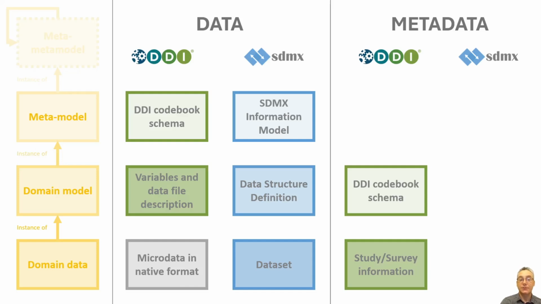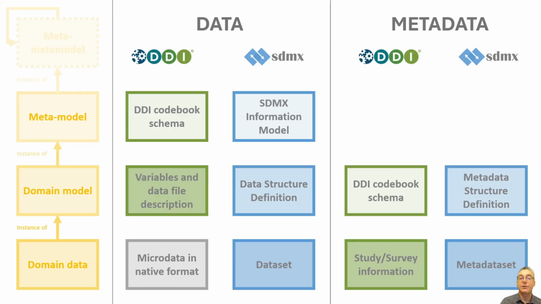In SDMX, reference metadata is used to carry descriptive information about data. This information is organized into metadata sets for which the specification defines possible formats, similar to how it handles data. The structure of these metadata sets is defined by the user through metadata structure definitions, or MSDs.